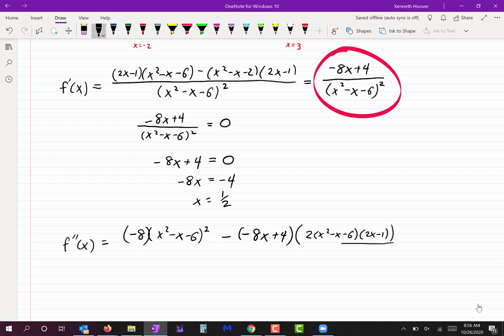Make sure you do that part right. Make sure you have that 2x minus 1 on there. And then over the bottom squared.